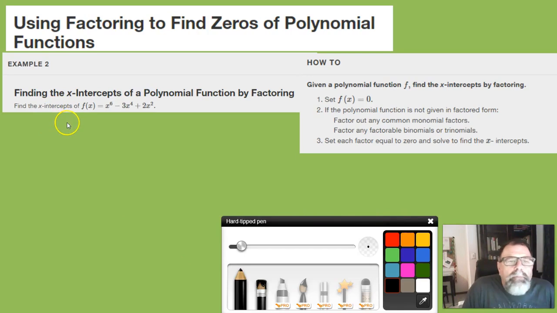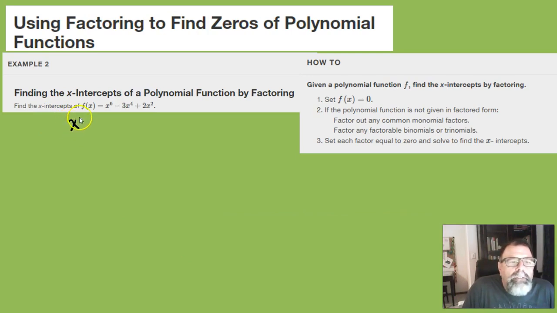Our first step, we're going to set the function equal to 0. Oops, don't forget the square. Okay, so we've got it equal to 0. Notice all three terms have x in them, so I can factor out an x, and you take the smallest power because that's what's in common to all three terms. So I factor out x squared.